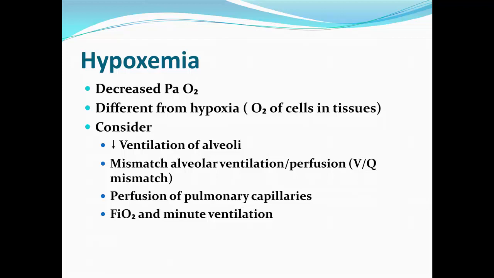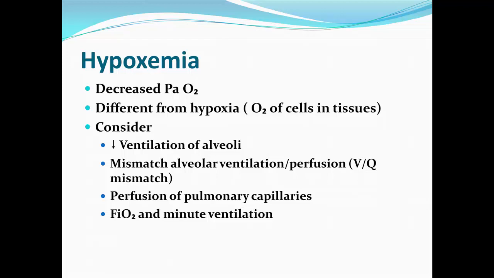So if we look at areas that are perfused but not ventilated, this is what happens in a pneumonia. You have all those infectious secretions or some sort of secretions that's actually in that airway. And so although the alveoli are being perfused, they're getting plenty of blood, the airway space is not being ventilated.